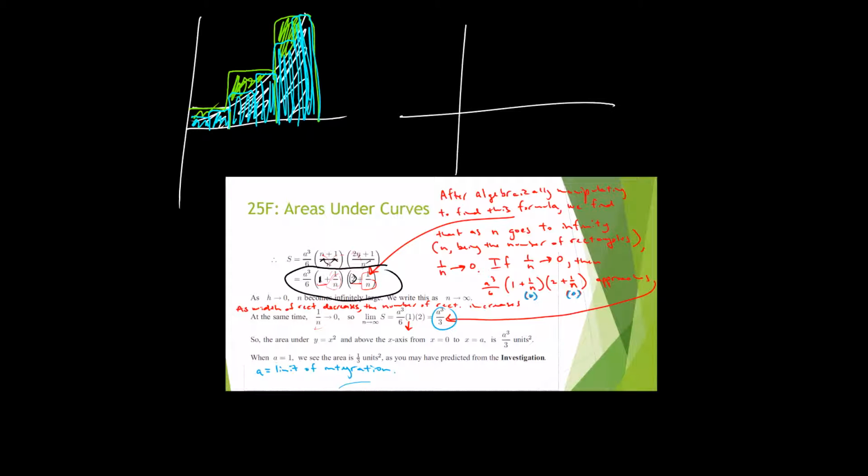The more times we split a, the closer it's going to get to the actual value of the area underneath this function x squared. So this is what we're trying to do. We're going to try to take n to infinity, as large as it will possibly get. The larger n is, the closer our value is going to be.